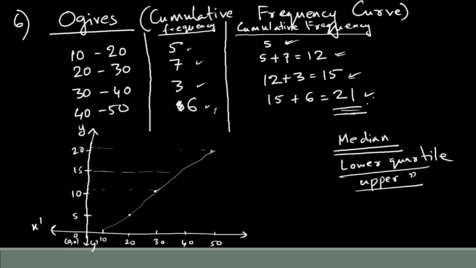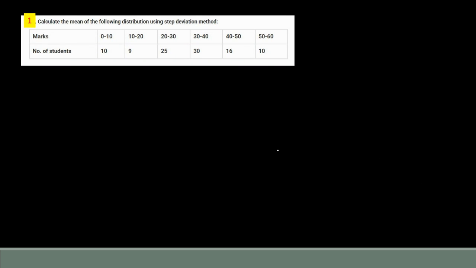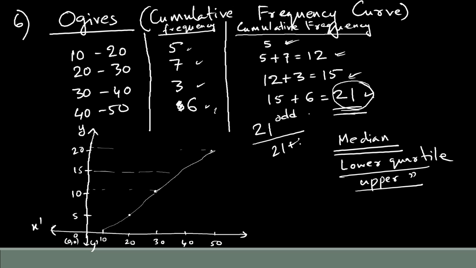Let's say you have 21 now. Cumulative frequency, total number of frequency is 21, right? Let's say 21 students are there, which is an odd number, right? So what will be the median? This will be the (21 plus 1) divided by 2th term, right?